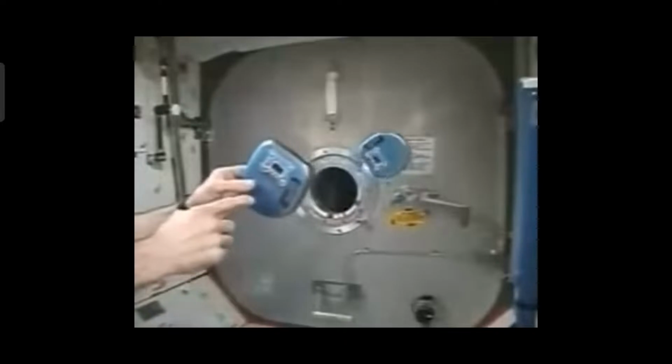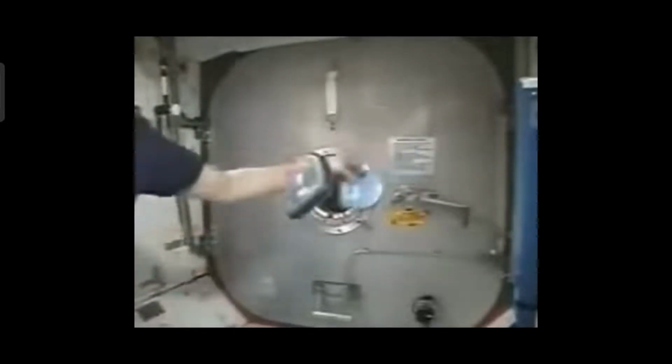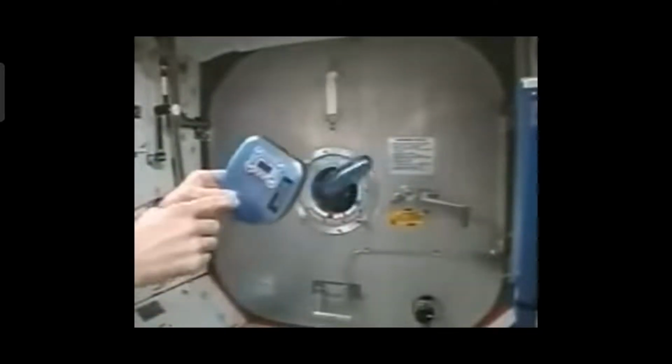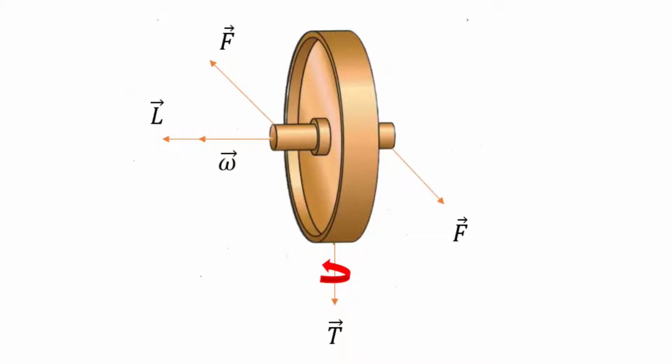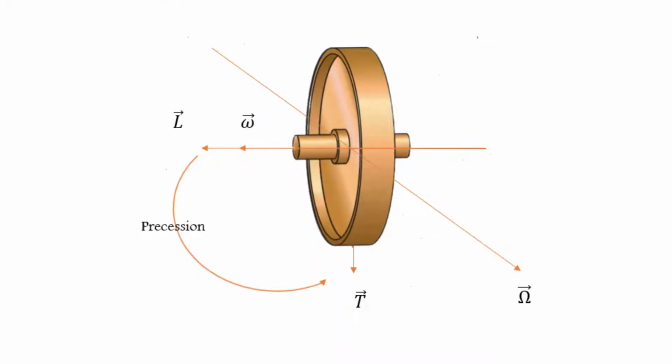However, applying the torque in a direction other than parallel to the angular momentum vector causes something quite different. In this figure, we have a spinning disk with a force couple applied to it. You might expect the mass to begin to rotate in the same direction you are torquing it. But that's not what happens. The mass begins to rotate counterclockwise about an axis that comes out of the page. This phenomenon is known as precession.